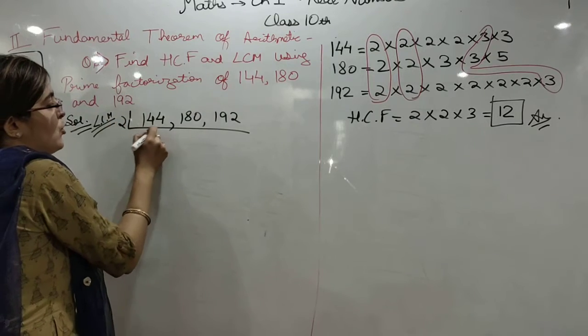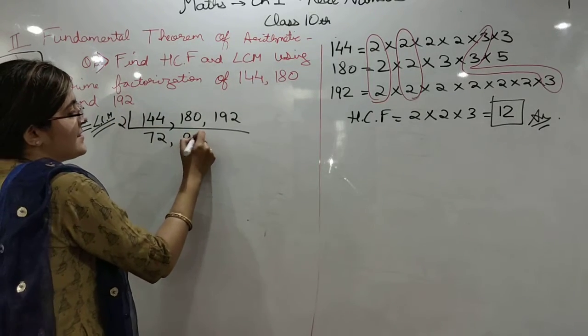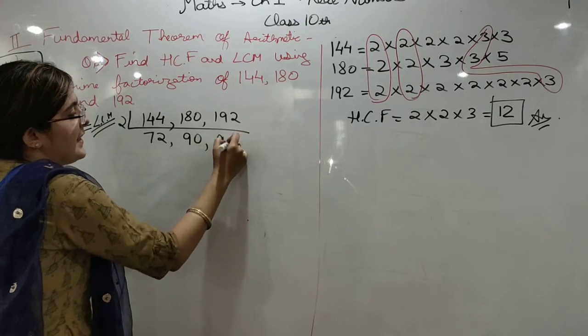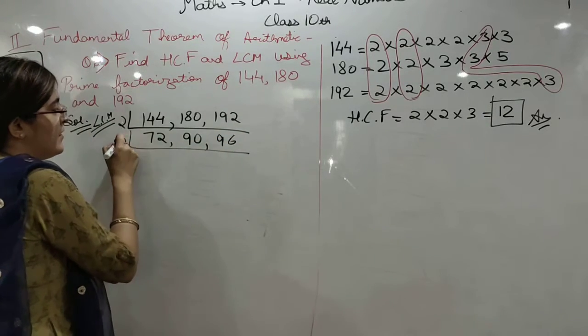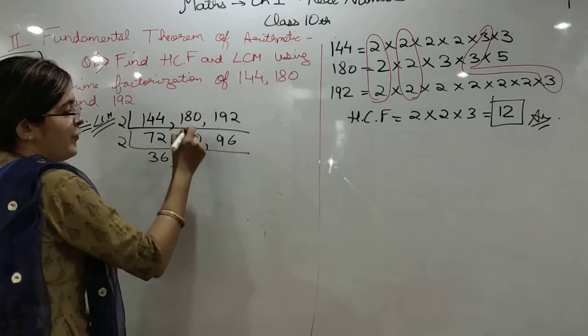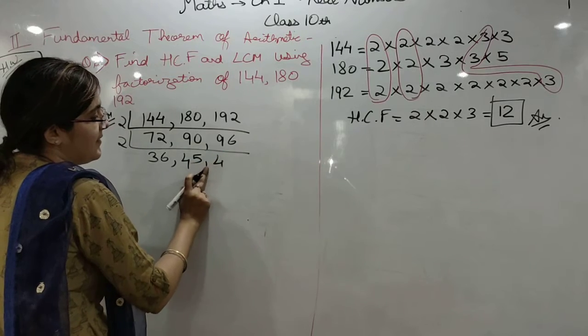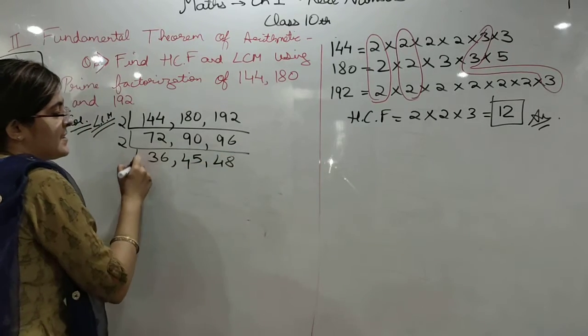Let's start from 2. 2 twos are 4, 2 nines are 18, 2 sixes are 12, 2 threes are 6, 2 sixes are 12, 2 fours are 8, 2 fives are 10, 2 fours are 8, 2 eights are 16.